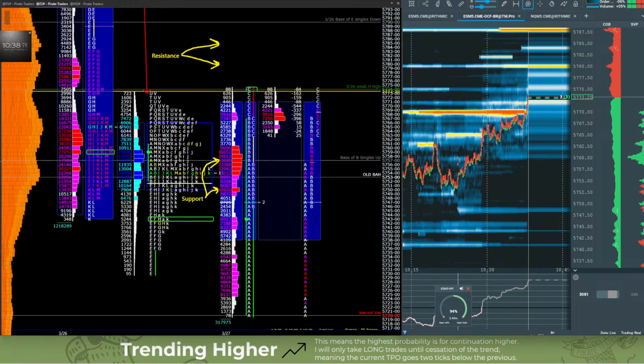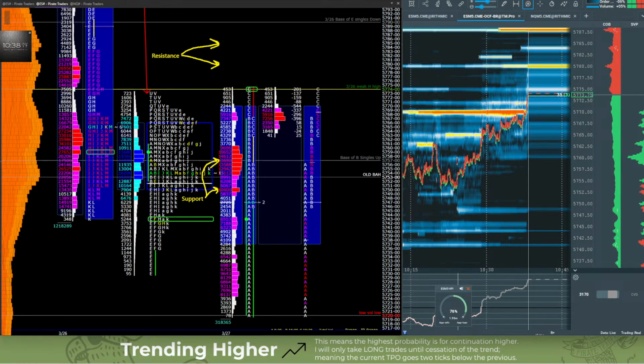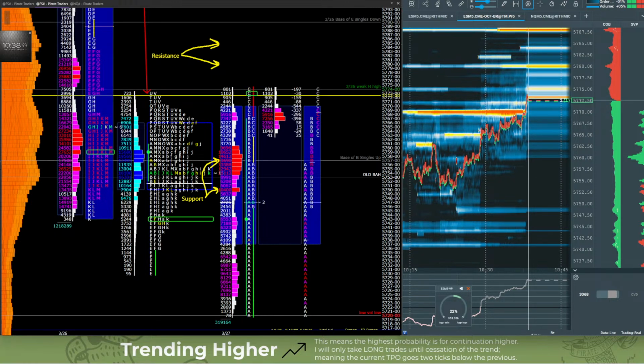To me, the balance area is more important than the gap and how the market reacts to that balance area high. The gap fill can be a reason for momentum for 5 minutes, for 30 minutes maybe, but it's not going to give you momentum for a day. That's new buying above the overnight high that would do that.